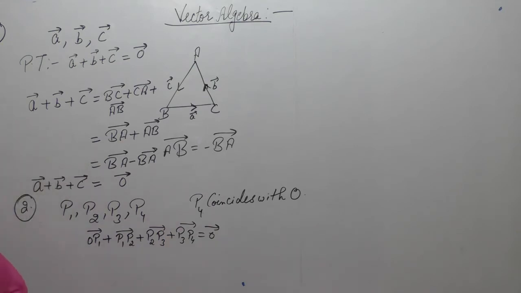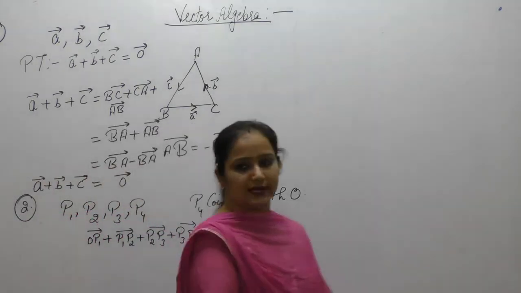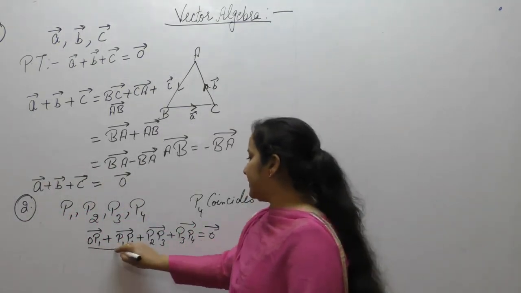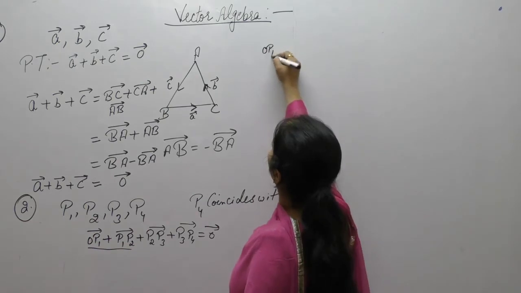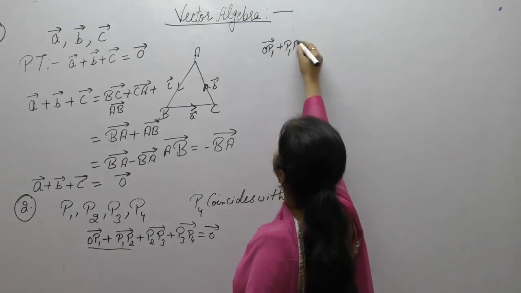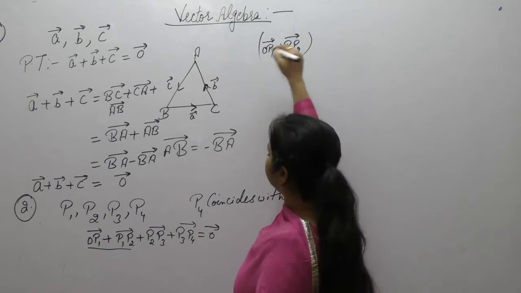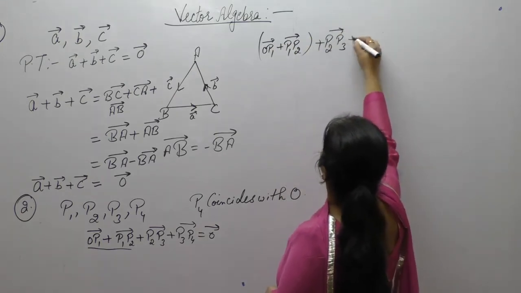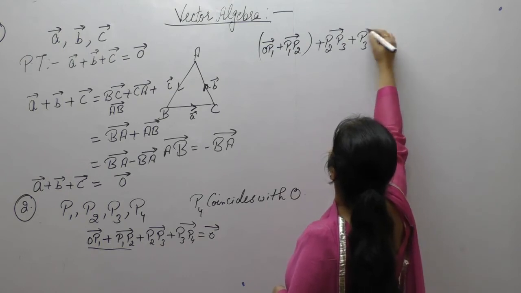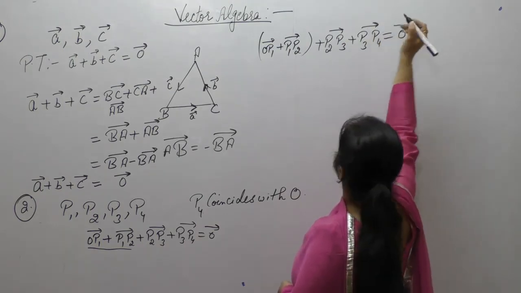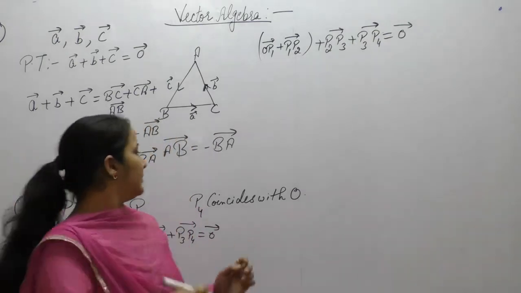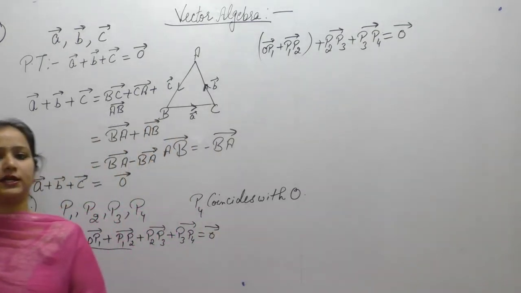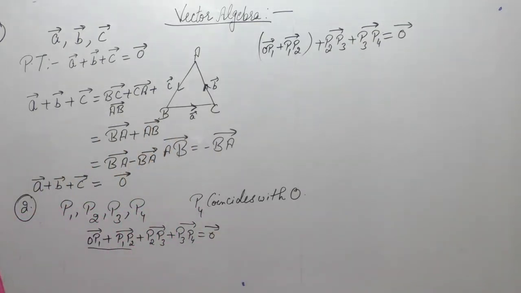We know that vector addition is associative, so we can write this as OP1 vector plus P1P2 vector plus P2P3 vector plus P3P4 vector is equal to 0 vector, because vector addition is associative.